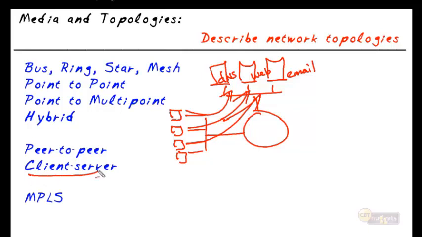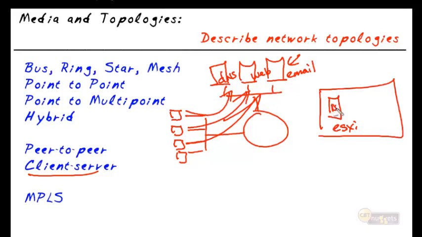So we have purpose-built servers. Maybe if we go back to our virtualization discussion, maybe we have a giant physical server. We're running ESXi for the hypervisor for virtualization. We have our DNS server virtualized here. We have our web server virtualized here. We have our email server virtualized here.